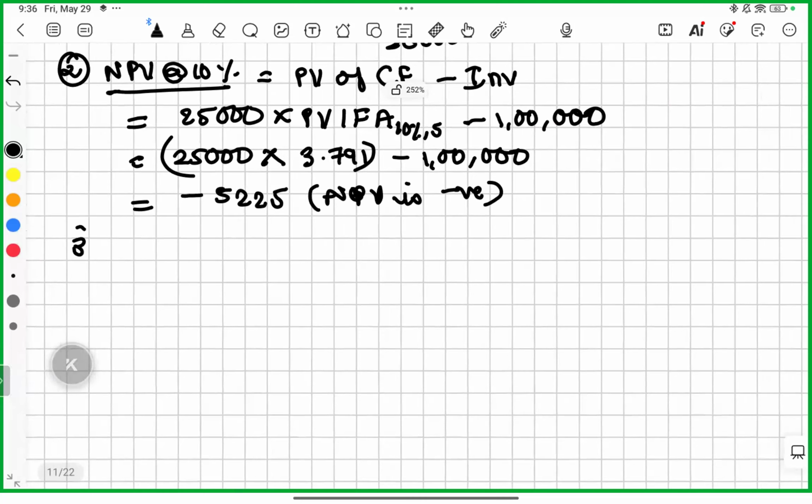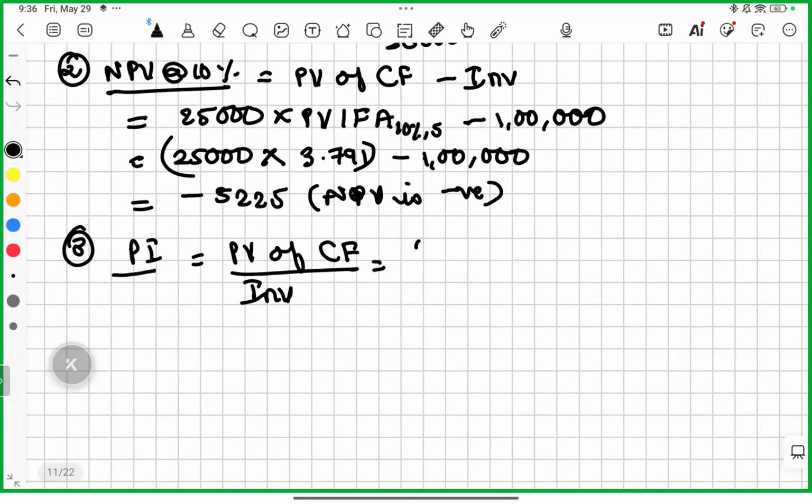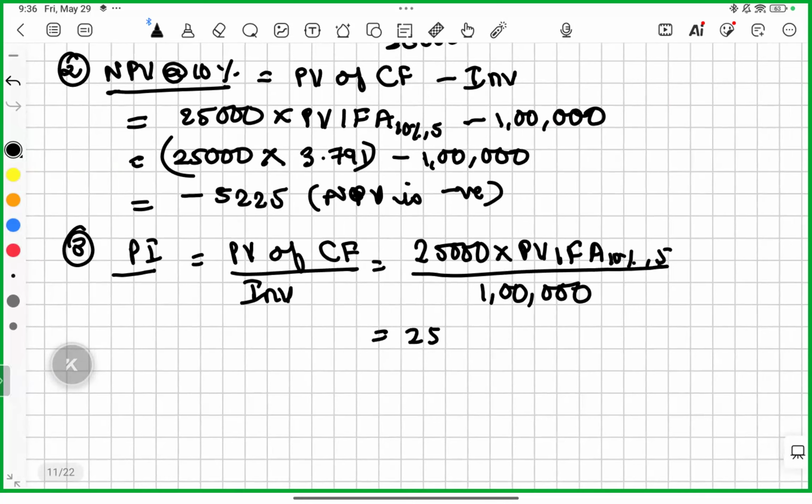NPV is done. Third is PI. PI is equal to present value of cash flow divided by investment. Present value of cash flow we have already found out anyway. If you want to find out present value of 25,000, which is an annuity at 10% for 5 years, divided by 1 lakh, the numerator will be 25,000 into PVIFA, again table D, 10% 5 years, 3.791 upon 1 lakh.